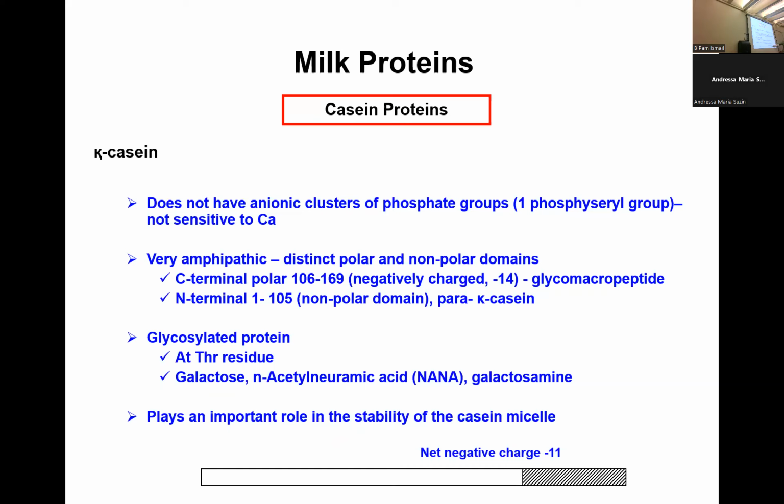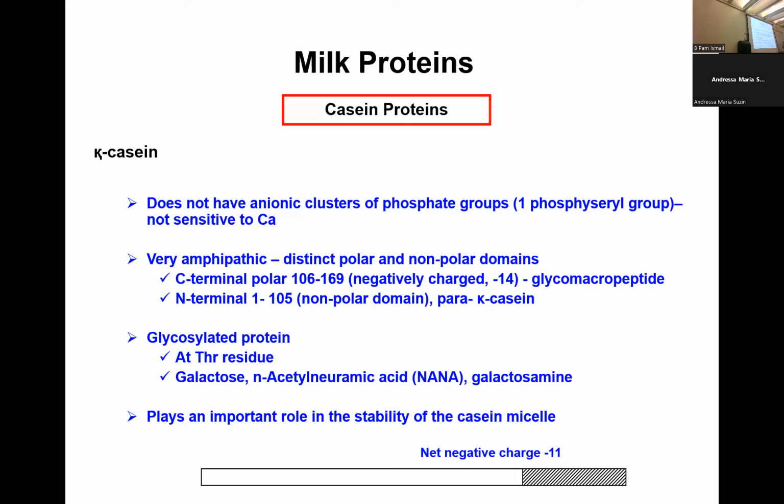It's not phosphorylated, it is glycosylated. Well, it does have one phosphoserine. So one serine group is phosphorylated.